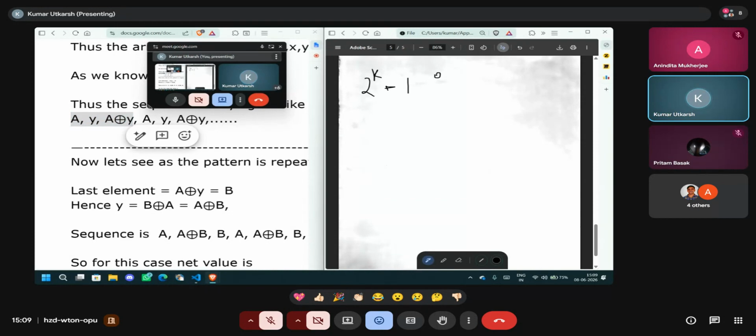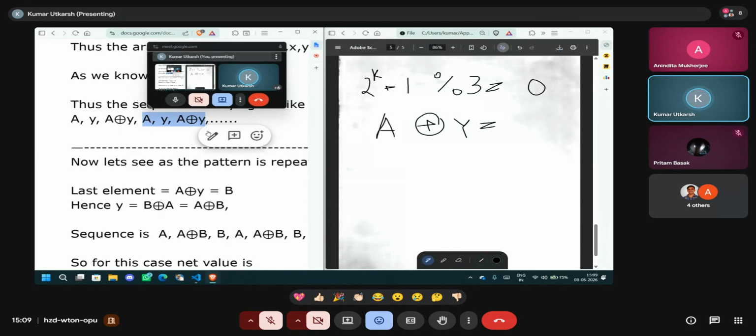If this mod 3 is equal to 0, then we can have a pair of 3 for all, right? So A XOR Y will be the last one. Understood why I'm saying this? We have 3, 3, 3, like this going on. Then at the end, there will be a sequence repeating like this.